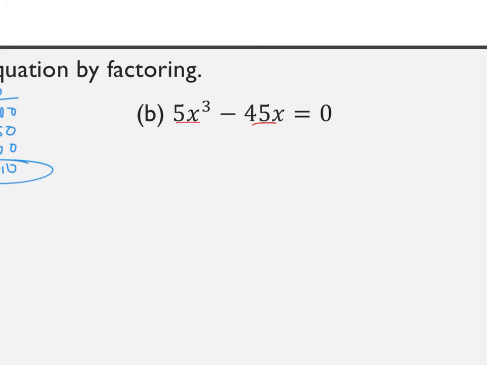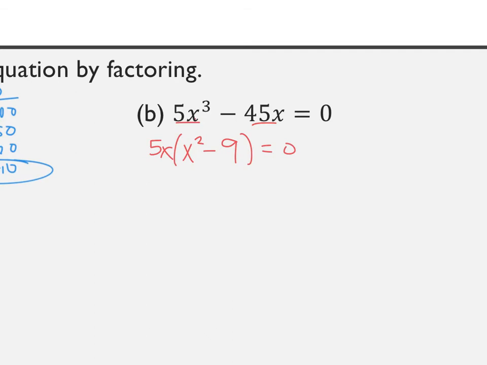What do we know about 45 and 5? Well, you can take out a 5. What do you know about x cubed and x? Well, there's a greatest common factor of x. So we're going to factor out the greatest common factor first, and we know 5x cubed divided by 5x is x squared, and negative 45x divided by 5x is negative 9.